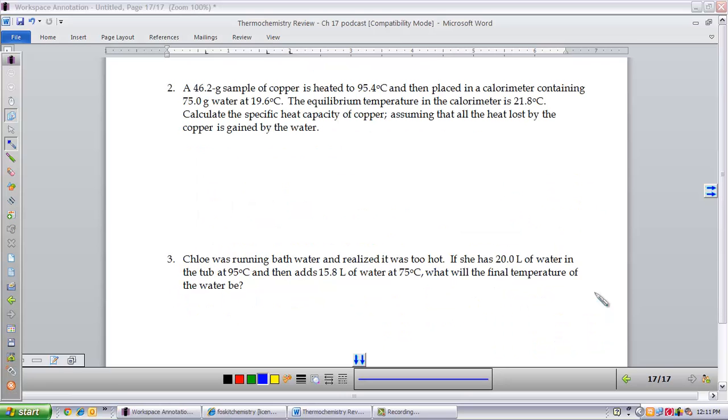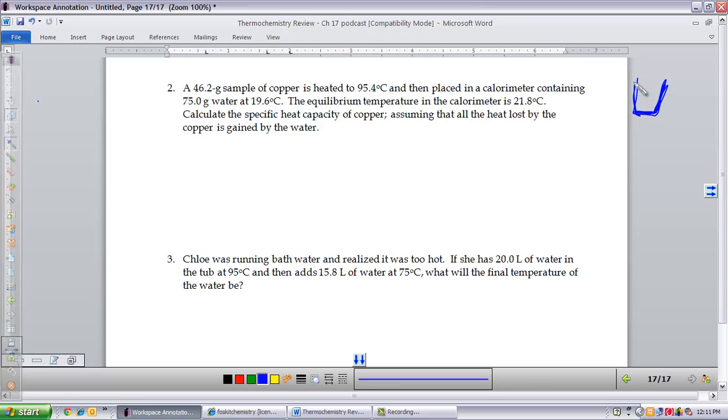Okay, let's look at a calorimetry problem. A calorimeter is simply a styrofoam cup, typically in chemistry, because it holds in temperature really well. You have a styrofoam cup of room temperature water, and then you have some kind of a hot metal. You take the metal and stick it in the water, and then you put the lid on and wait for the two temperatures to reach equilibrium, so that the temperature of the metal and the temperature of the water end up being the same in the end.